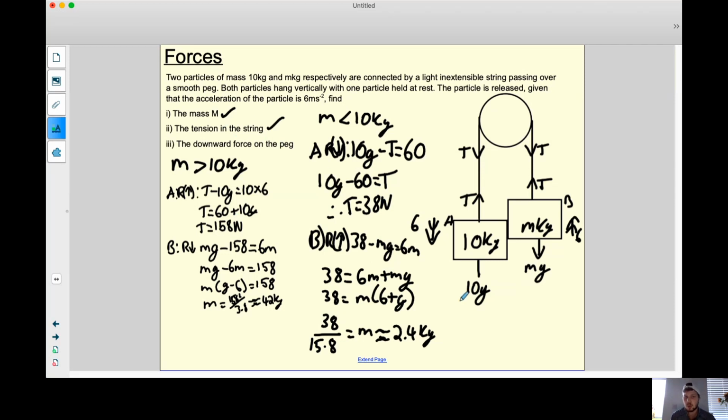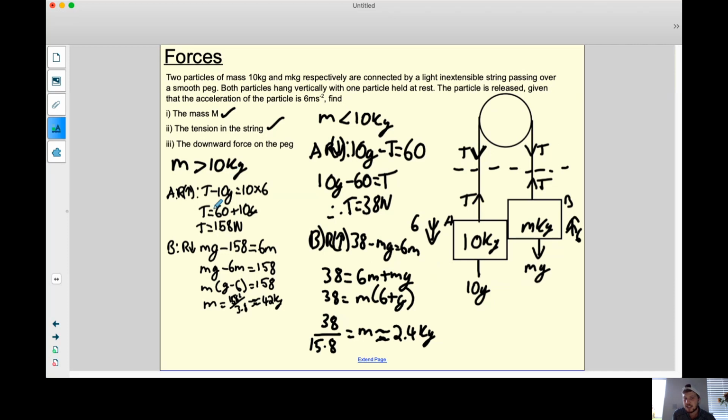The downward force on the peg: again, we'll have two different systems that could be in play. On this peg, we're looking at the forces happening around the peg, and the two forces acting are our tensions, and there are two of them, both acting down.